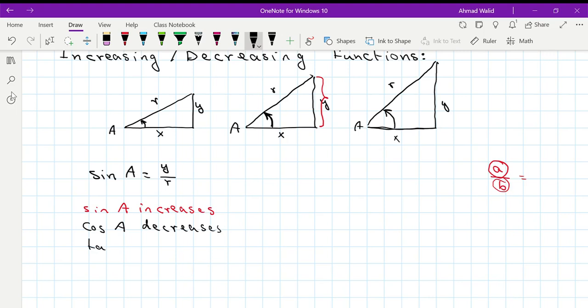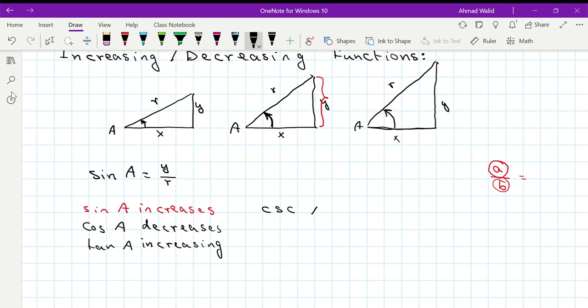Tangent of A, and of course tangent increases because it's sine over cosine, correct? Because sine is growing bigger, then tangent is also increasing. Okay, if I know these three relations, I can talk about cosecant, which is the reciprocal of sine.